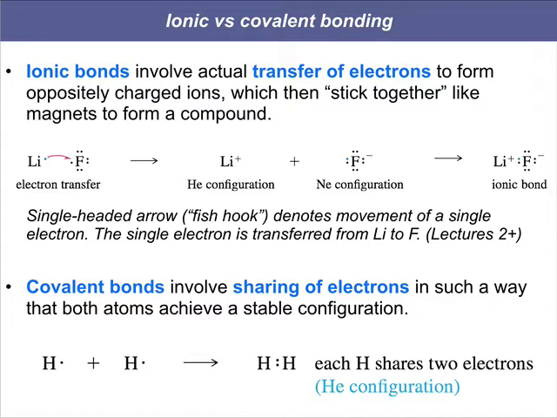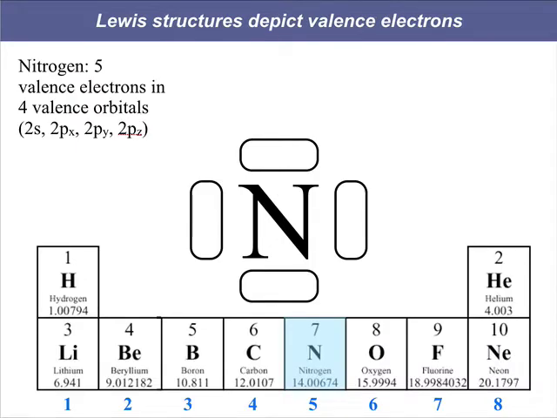Okay, so we can use this idea of pairing up electrons in orbitals to guide us in determining how something is going to bond, given some number of atoms that it has available to it, right? So let's look at nitrogen.